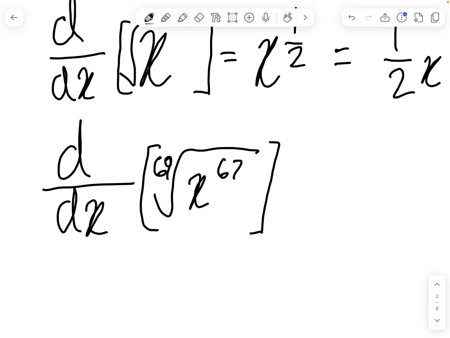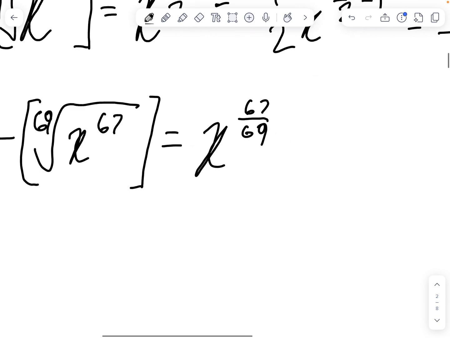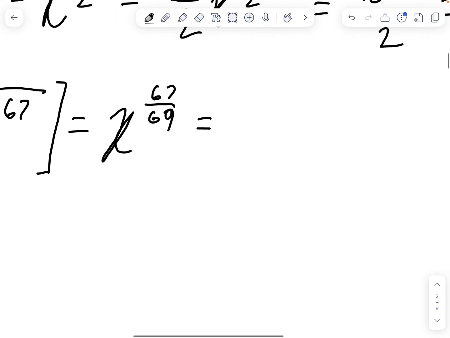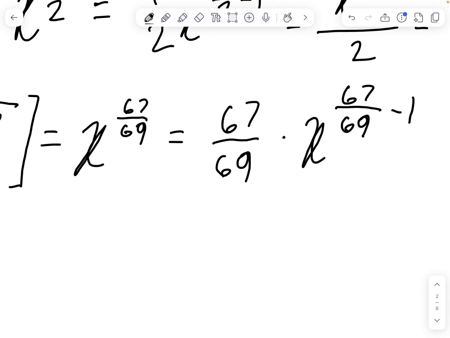So yeah, take some time and solve that question. Okay, hopefully you solved it. So what would happen is this gets turned to x to the power of 67 over 69. And then applying the power rule, we'd get 67 over 69 times x to the power of 67 over 69 minus 1.